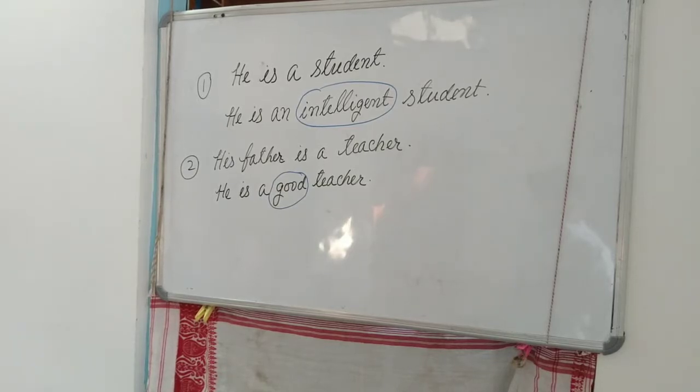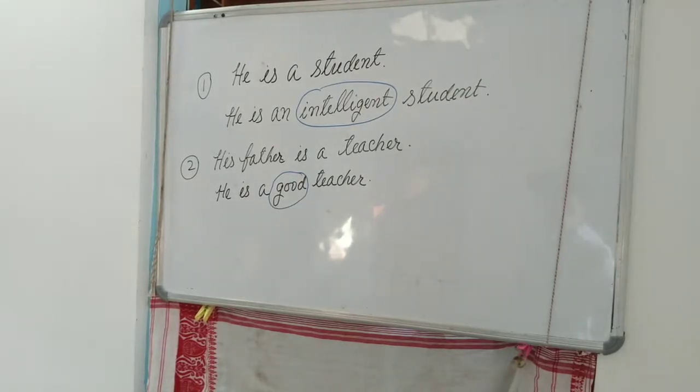So the word intelligent is placed before the noun student to add some new meaning to the noun student. When we read the sentence, he is an intelligent student, we get some new information about the student. That means a new meaning is added to the noun.